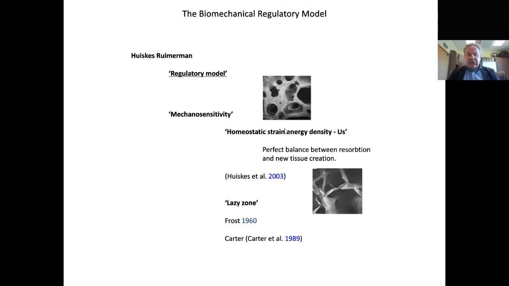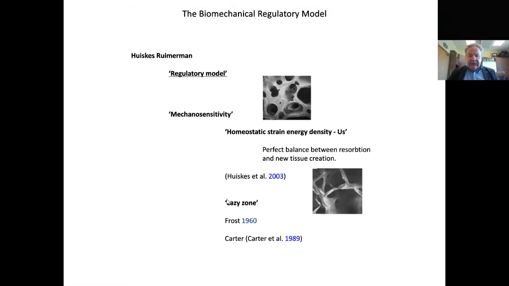The main assumption of this model is that there exists some homeostatic strain energy density. It means that there is a perfect balance between the resorption and the new tissue creation. And this model, more or less, is just the observation of nature, nothing more. But how it works, you will see in a moment.